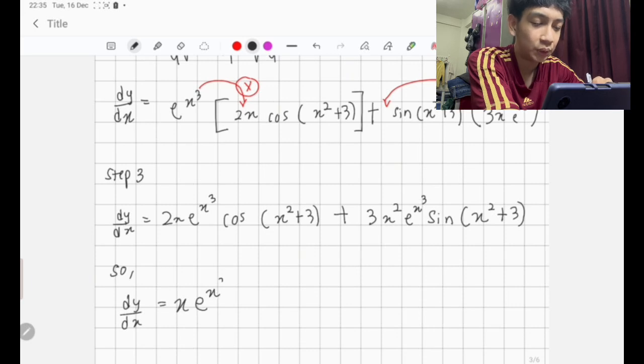This process simplifies the differentiation of the terms, and we got the answer, and the differentiation is completed.